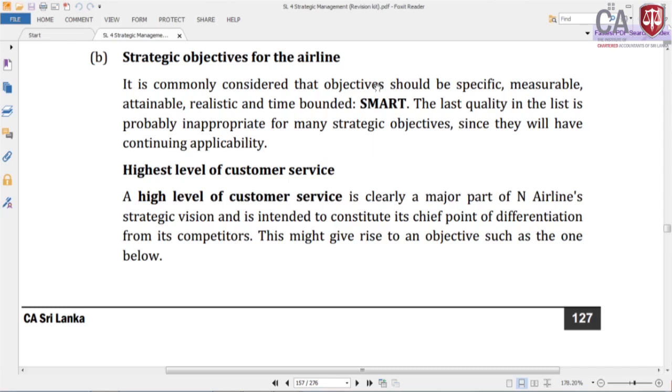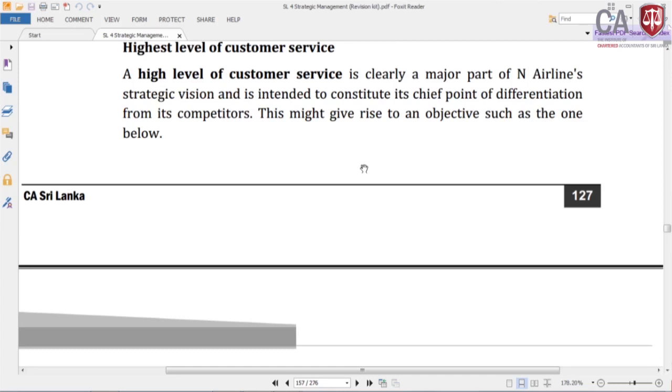Now, they try to identify some strategic objectives for this organization. One is a high level of customer service. A high level of customer service is clearly a major part of any airline strategic vision and is intended to constitute its chief point of differentiation from its competitors.